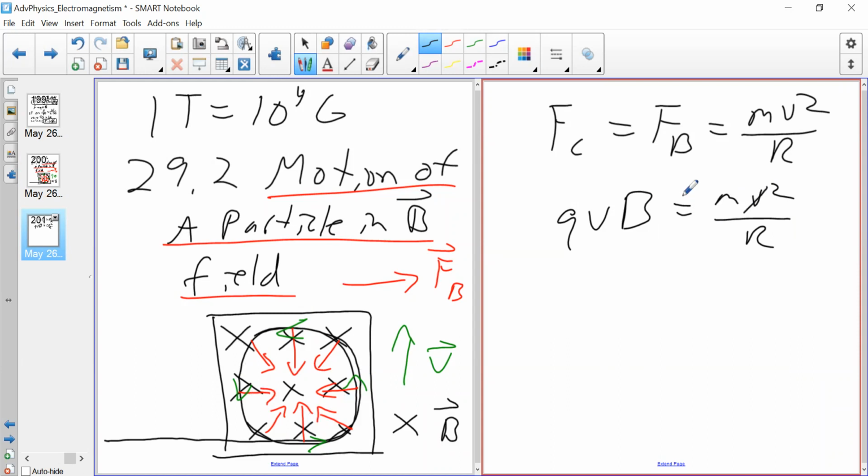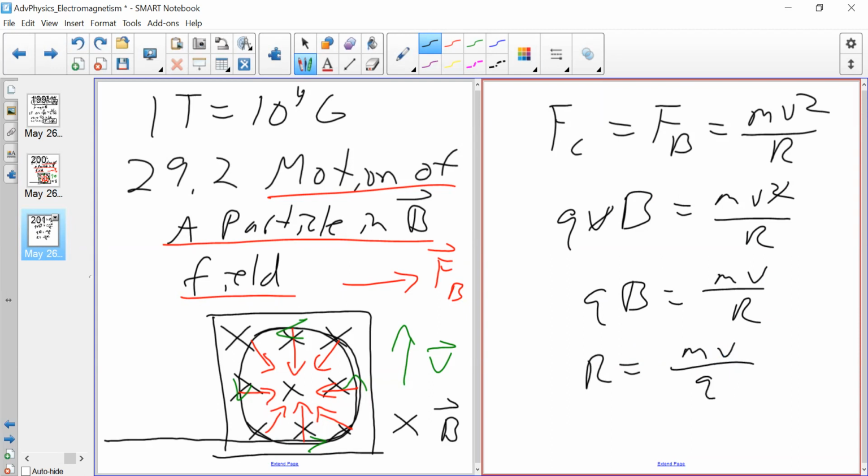This one goes away. So the cyclotron has to be built with this radius, which is equal to mv over qB. That's what's called your cyclotron radius.